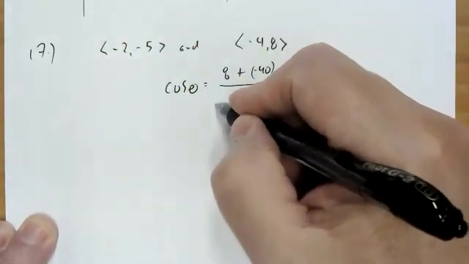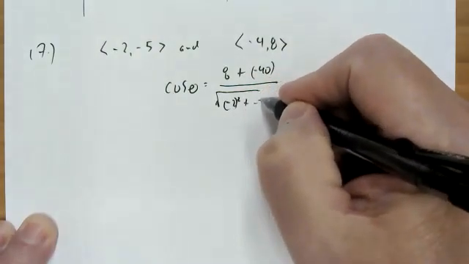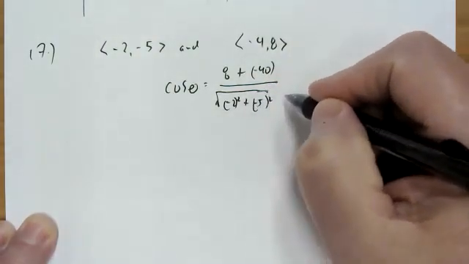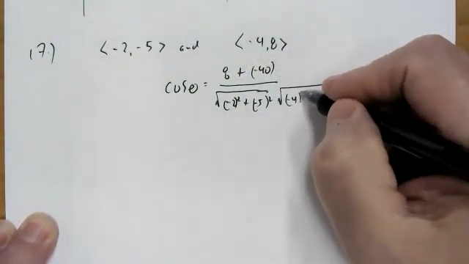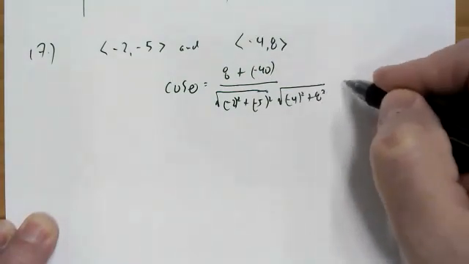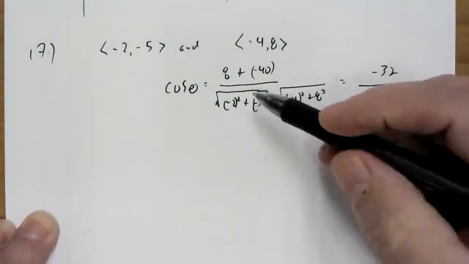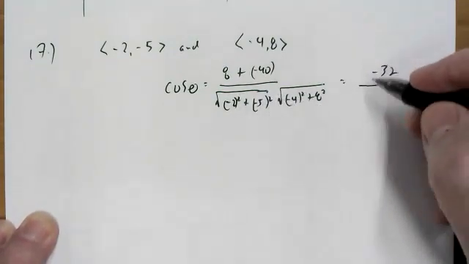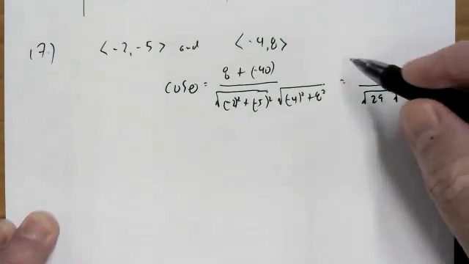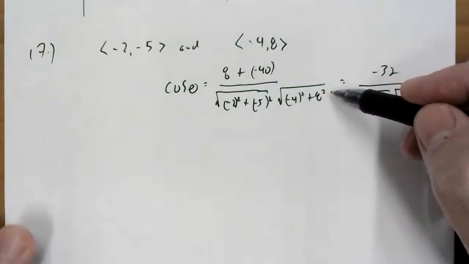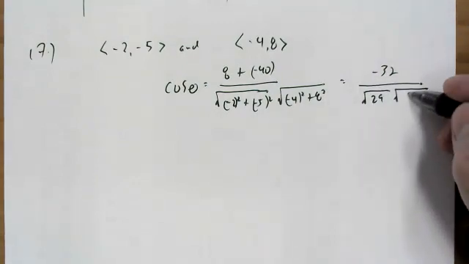Magnitude of this first vector is going to be -2 squared plus -5 squared. Magnitude of the second vector is -4 squared plus 8 squared. Looks like -32 over 4 plus 25, 29, 16 plus 64 is what, 80?